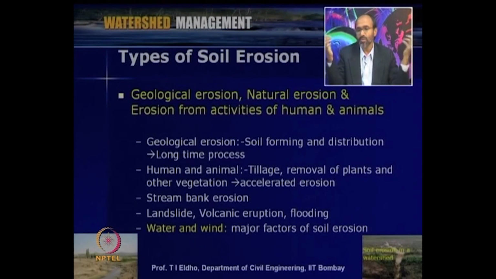So, we can say that soil erosion takes place either due to the action of water or due to the action of the wind. So, with this perspective, now let us see the soil erosion processes.